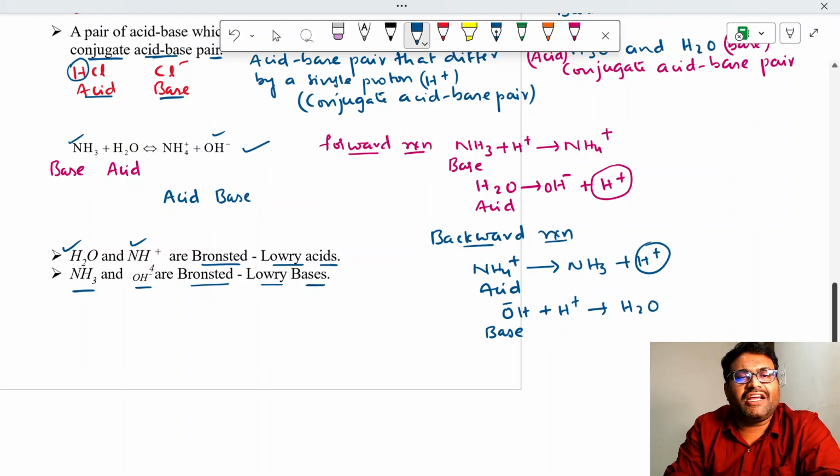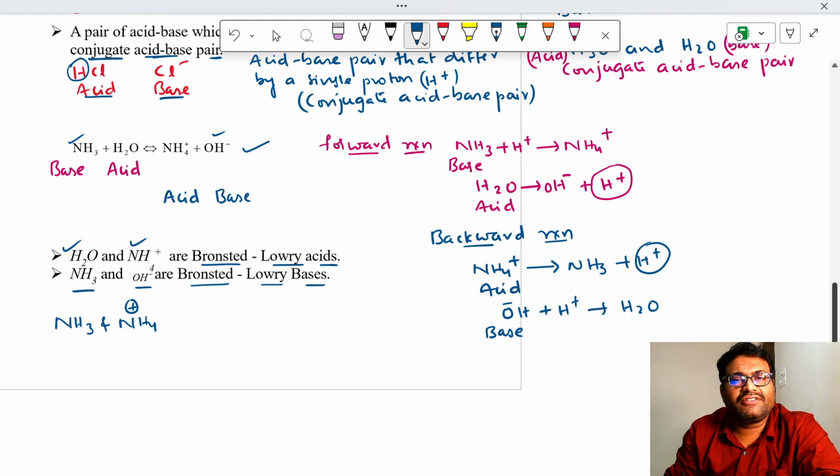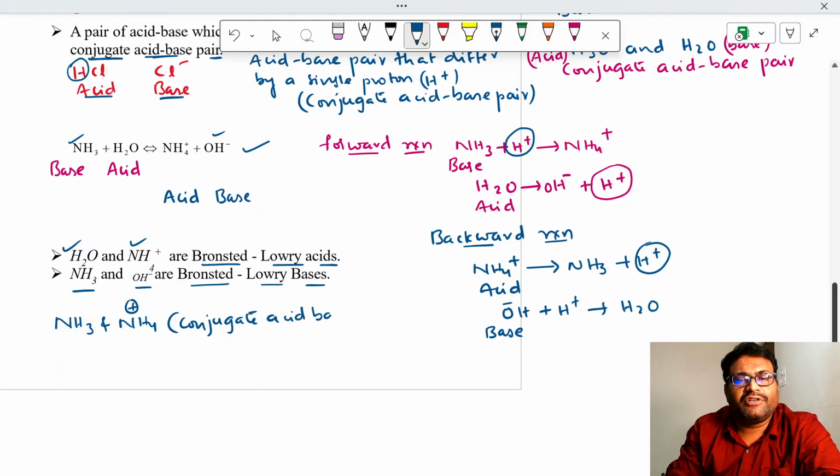And in this reaction, we know that NH3 and NH4 plus are differing by a proton. What is the difference between these two, NH3 and NH4 plus? See, this one H plus is the difference. So I can write them as a conjugate acid base pair.